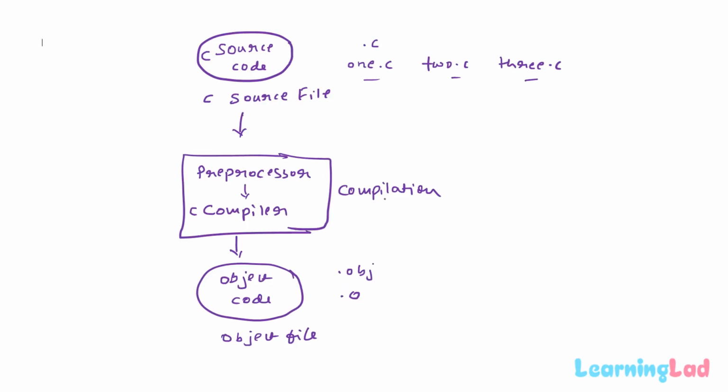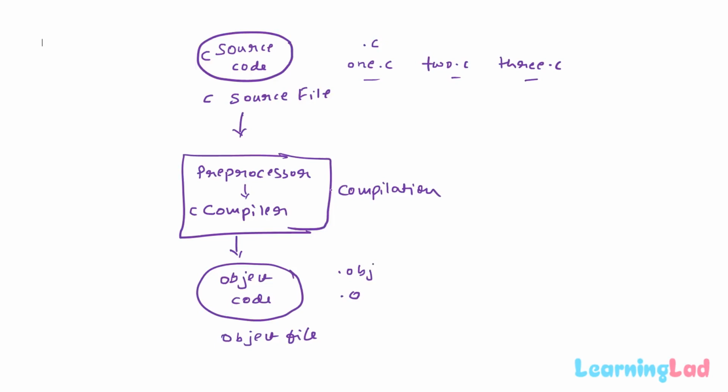So you have to perform the compilation process on 1.c and generate the object code for it, and then for 2.c you have to do the same thing, and for 3.c also you have to do the same thing. For each file which you have in your project, you have to perform the compilation process and generate the object code for the respective source files.